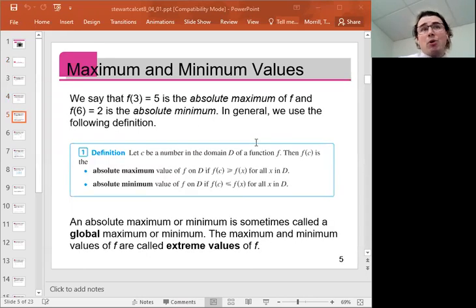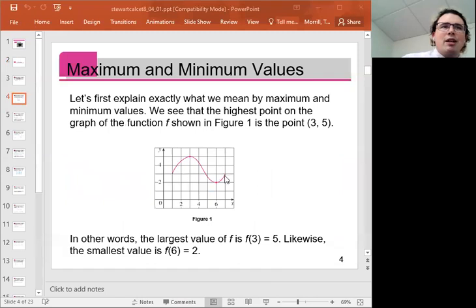Well, I need a little bit more terminology here. So we're going to call the largest maximum anywhere on the function the absolute maximum of f. Because notice, like right over here, is this a maximum? This f of 7 equals 0?